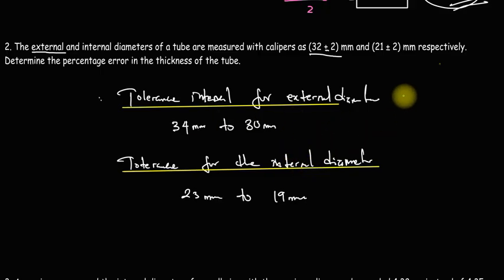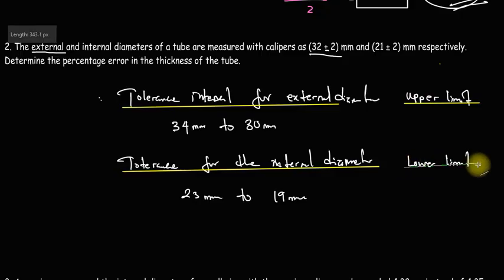What's the next step? Upper limit and lower limit. So for the upper limit, all we have to do is subtract the smallest value from the largest value.